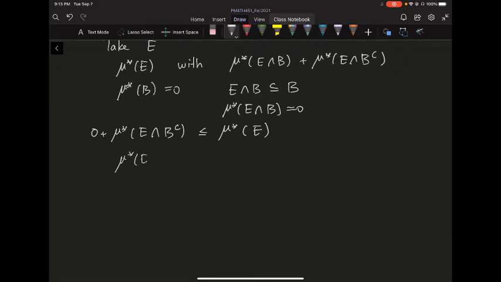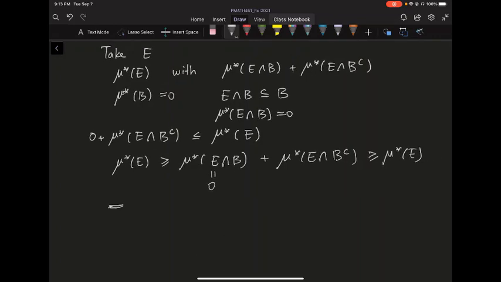We have mu star of E is greater than or equal to mu star of E intersect B, which is equal to 0, by the way, plus mu star of E intersect B complement. And we know that's enough because of the sub-additivity. So this shows that B is actually inside the sigma algebra. In fact, we showed that if you have a set that has outer measure 0, then automatically it's measurable under this mu star. So let's finish the entire proof of the Carathéodory theorem.